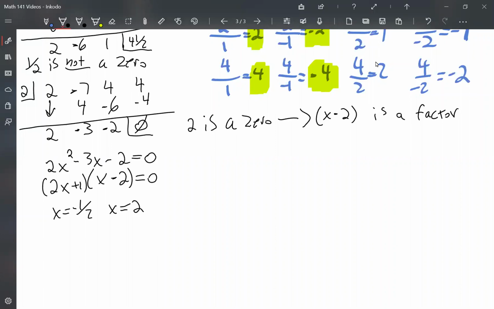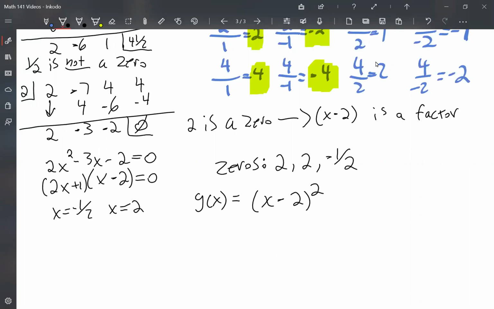So let's round up everything we have so far. What are our zeros? We found a 2 before. We just found another 2, and we just found negative 1/2. So that tells us that we can rewrite g of x as x minus 2 squared, because we got 2 as a 0 twice. That's multiplicity of 2.